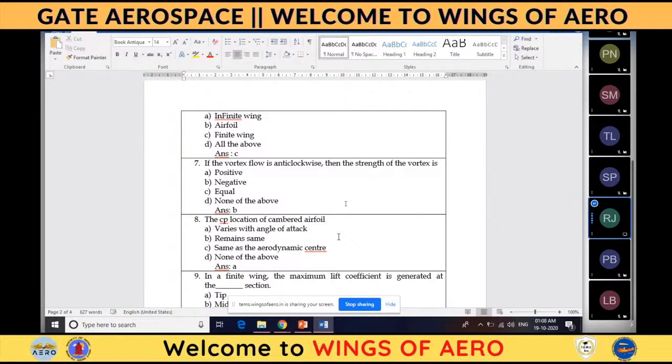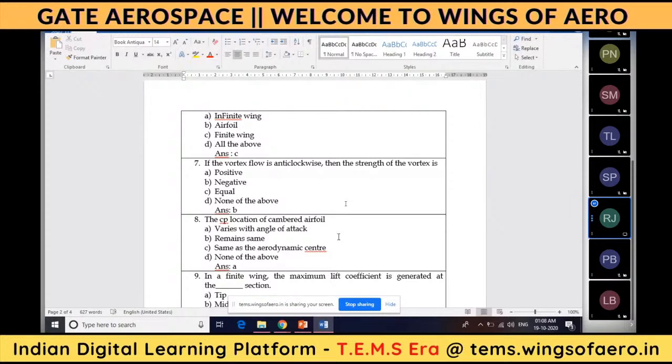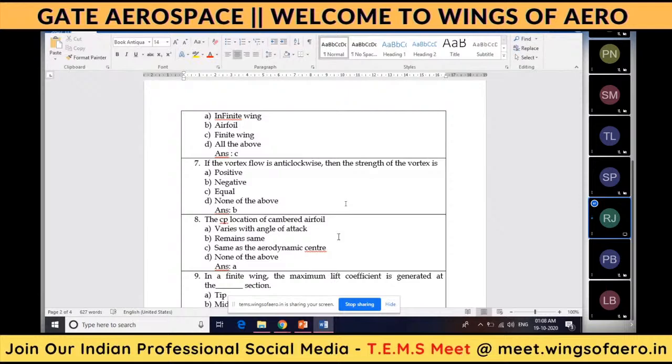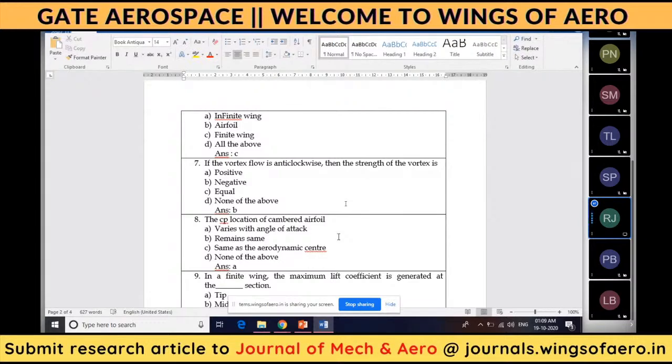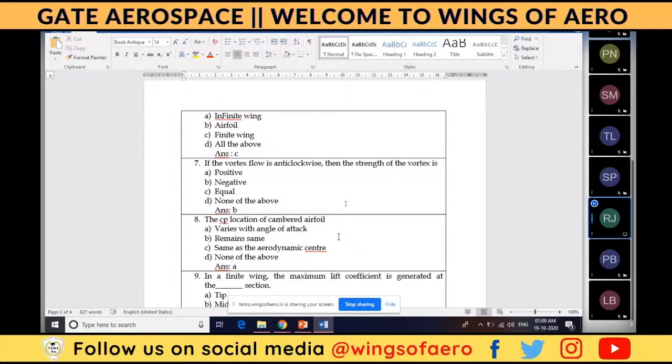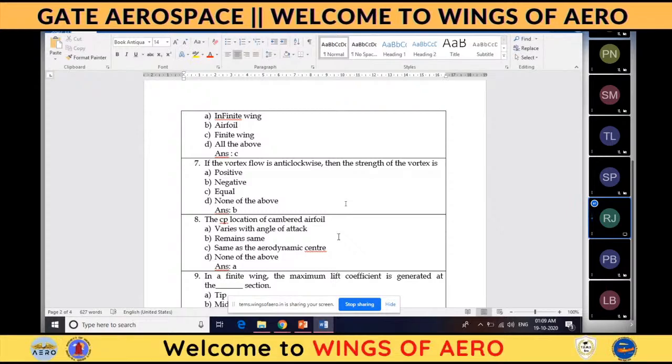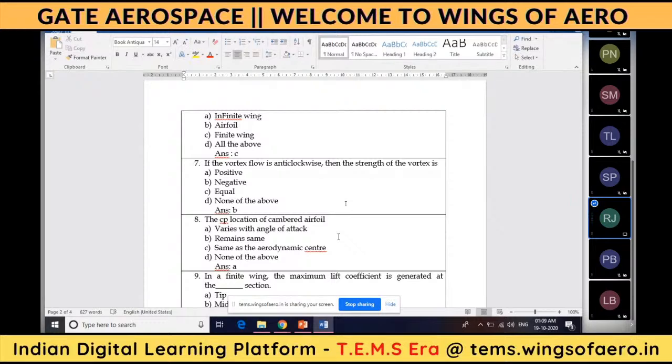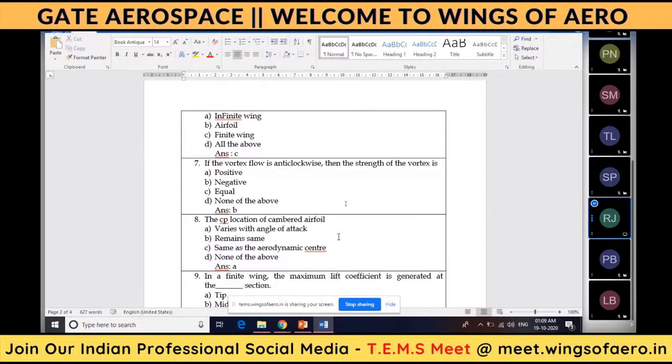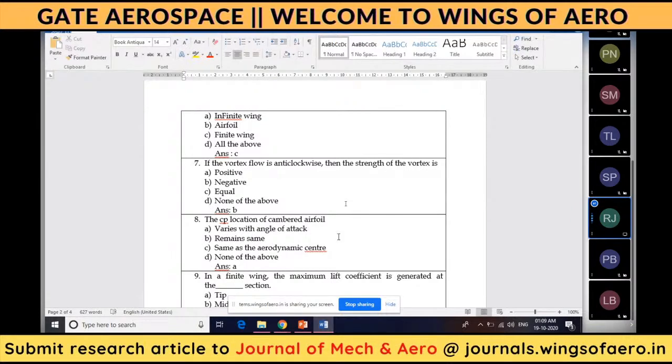The reason we find the CP value is that during a high angle of attack, the lift increases, and because of the change in lift, there will be a change in the location of the center of pressure. So the center of pressure location for a cambered aerofoil changes with angle of attack. Therefore, the answer is it varies with angle of attack. It won't remain the same, and it will not be the same as the aerodynamic center. Only for a symmetrical aerofoil does the CP remain the same as the aerodynamic center.